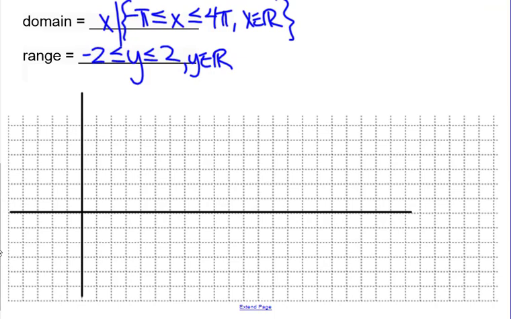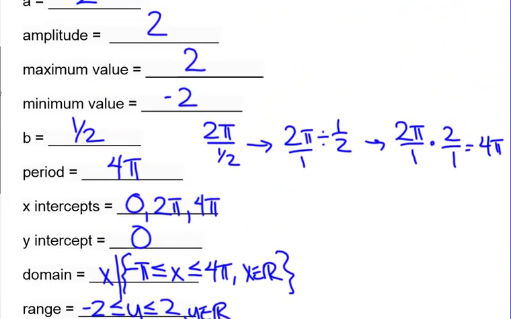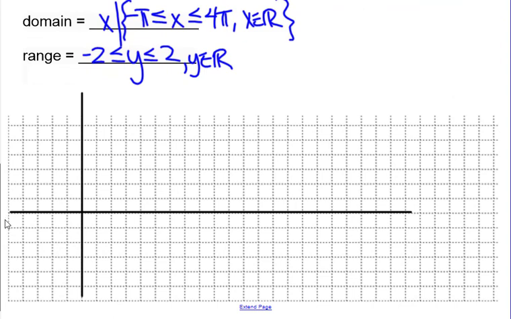So if we want to graph this graph, we need to go to 4 pi. So if we have 0, how many can we fit on here? Pi over 2. Let's go pi. 3 pi over 2. Then we'll go to 2 pi. 3 pi. 4 pi.